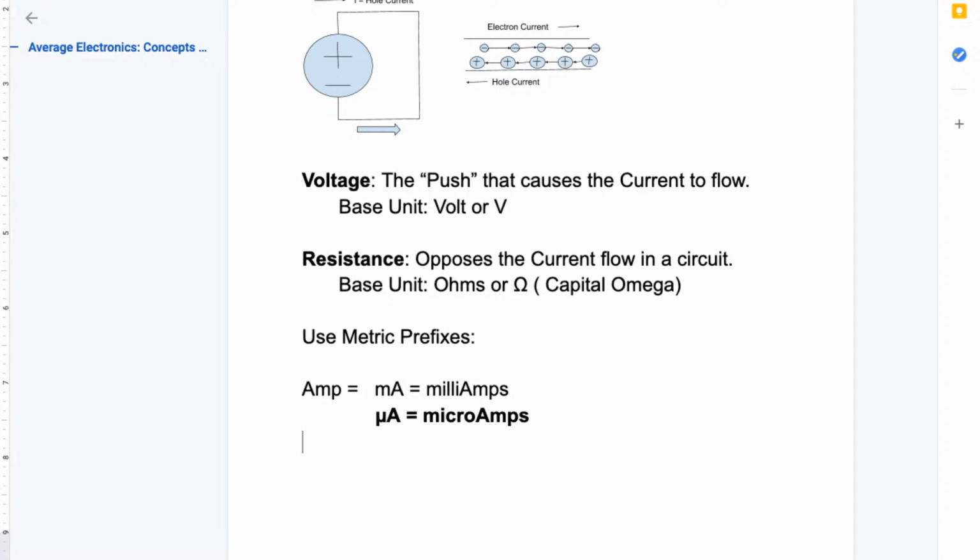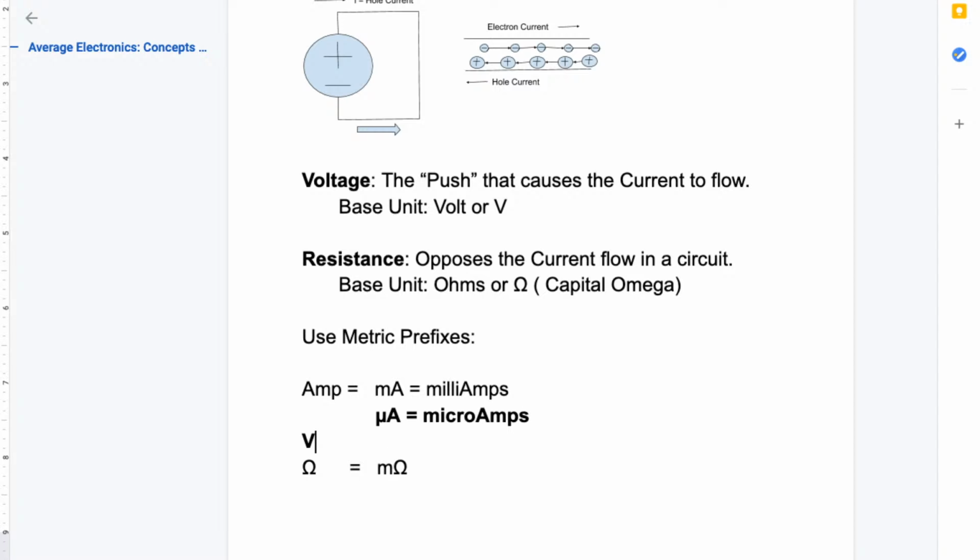For resistance, let's go ahead and use R and omega.